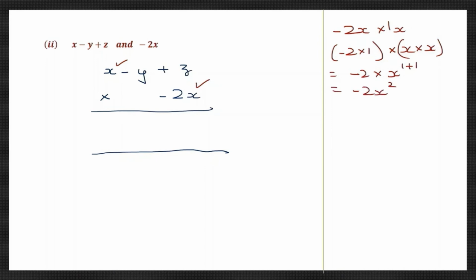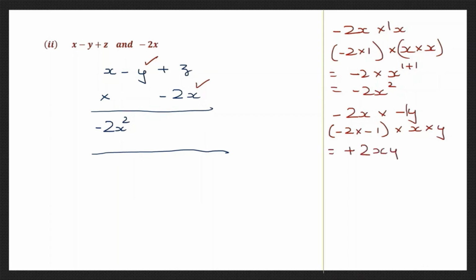So this is minus 2x squared. So now we finish multiplying with x. Now let's multiply with minus y. So minus 2x into minus y. So again that's 1y. So the numbers will be minus 2 into minus 1 into x into y. So minus into minus is plus. 2 ones are 2xy. So here we have plus 2xy.